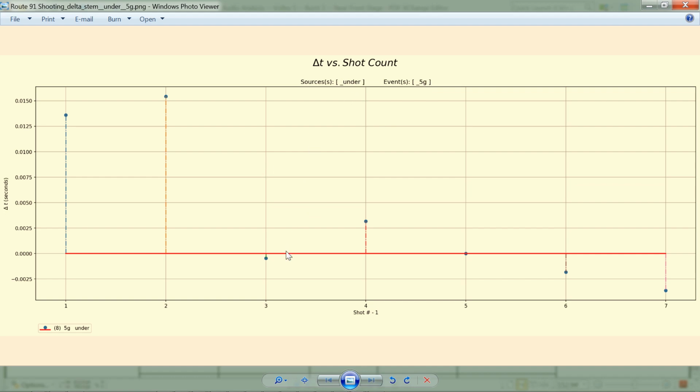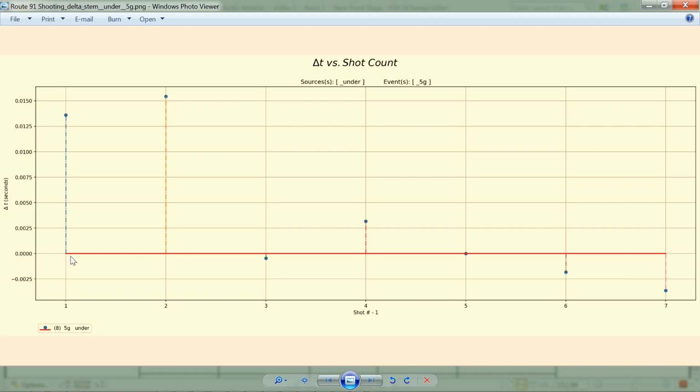And we can see from this plot that for the last 1, 2, 3, 4, 5 differences, things were pretty close. In fact, they only changed by 2.5 milliseconds on average, up and down.